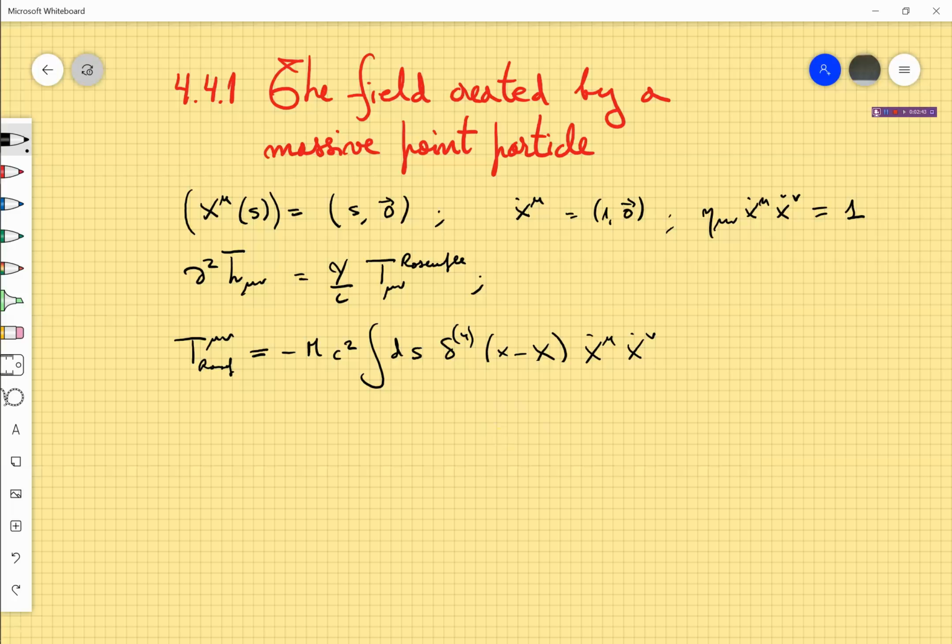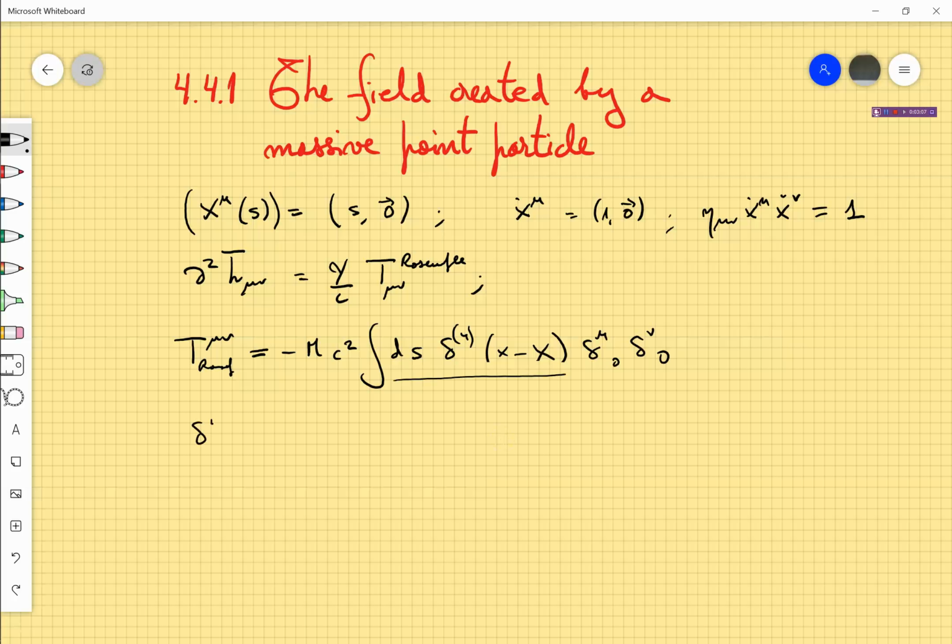Then, well, we just computed these x dot mu's. They are delta mu 0 and delta nu 0. So this energy momentum tensor only has a non-vanishing component T 0 0. And finally, we have to find what to do with these deltas.